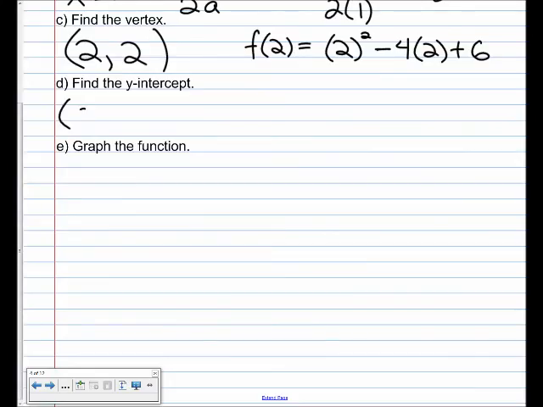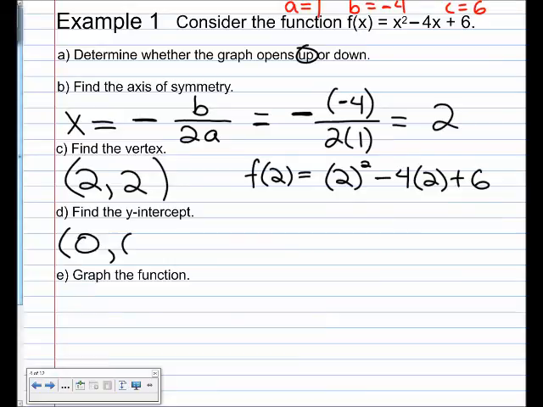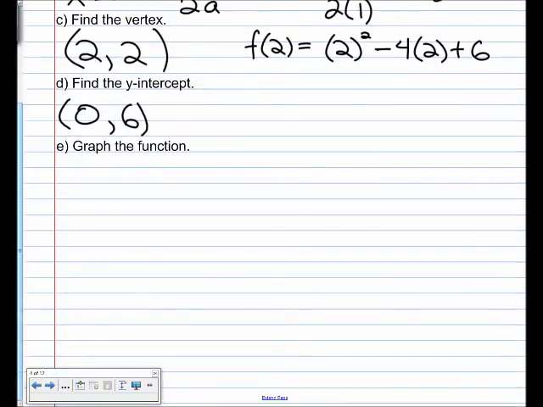All right, the y-intercept, the last thing. That's always 0, c. So 0, 6. If you forget and you're like, I don't know why it's 0, c, what did we do yesterday to find the y-intercept? We plugged in 0. So I can do the same process, but plug in 0. 0 squared minus 4 times 0 plus 6.